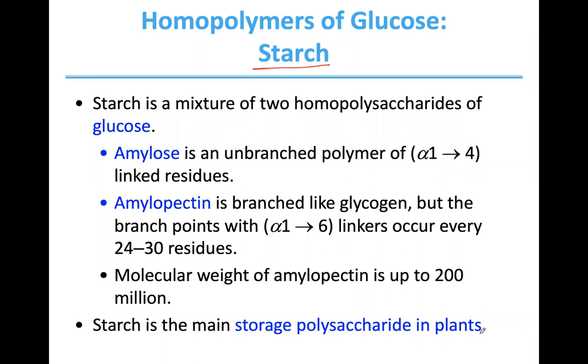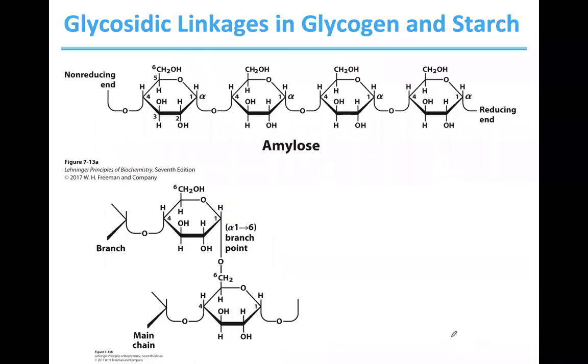A storage polysaccharide in plants. Okay, so let me ask you something. I don't know if you've thought about these storage polysaccharides. Let's look at the figure and then at these structures, and then I'll ask my question. So this is amylose in starch, right? Here's the glucose unit. Here is the alpha glycosidic linkage.